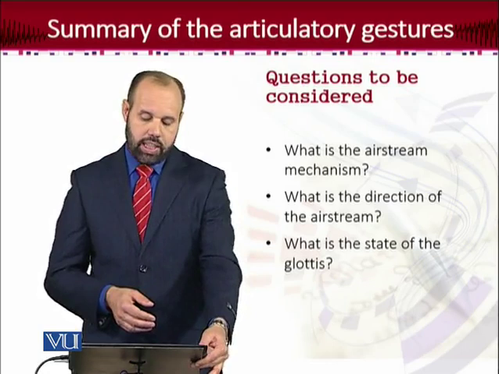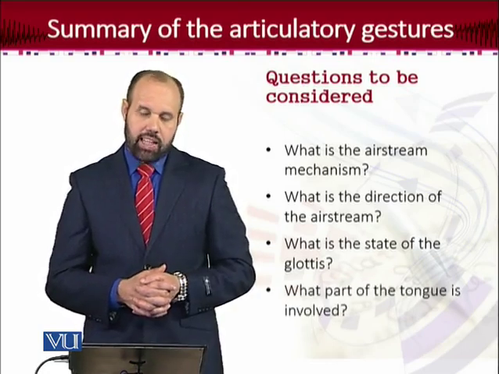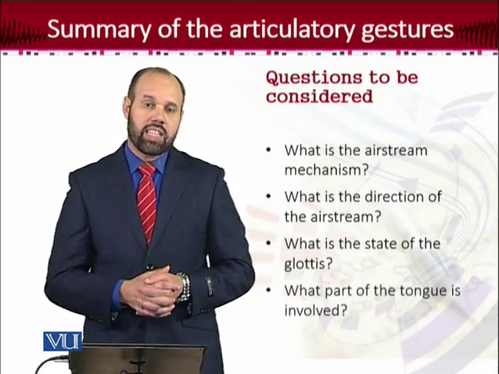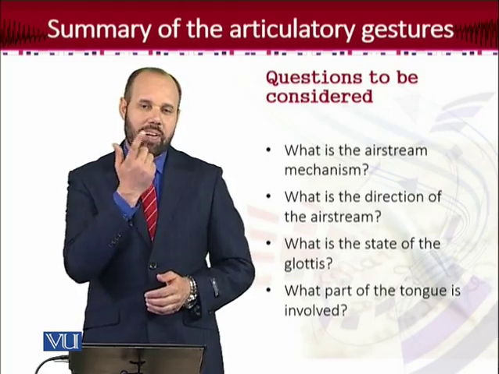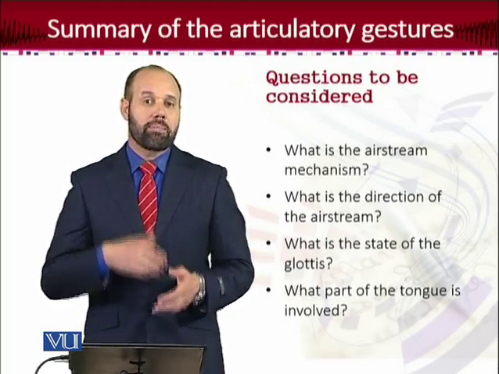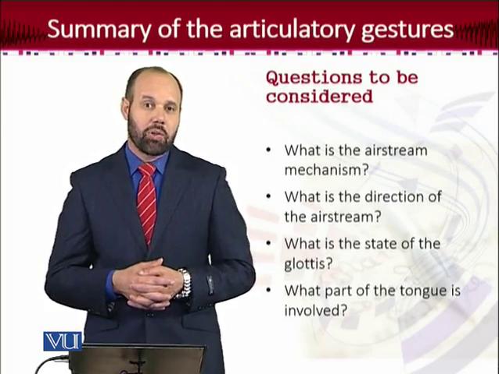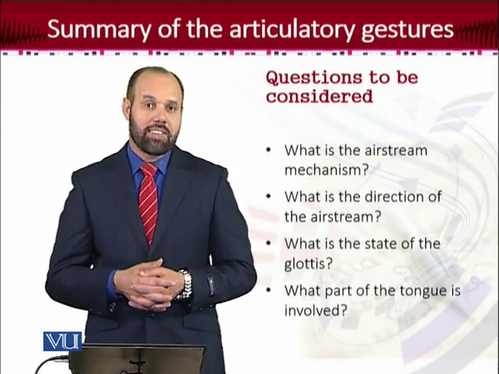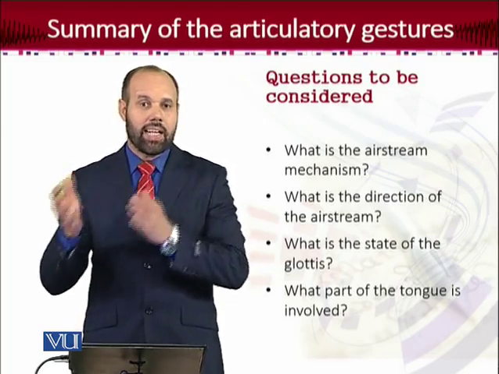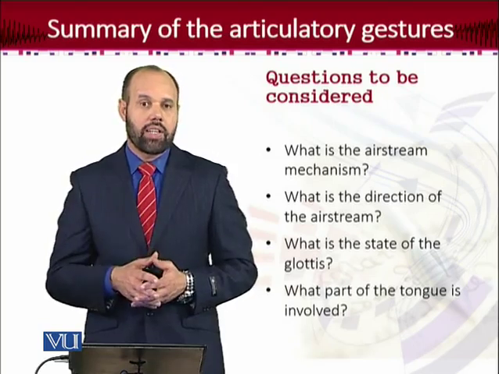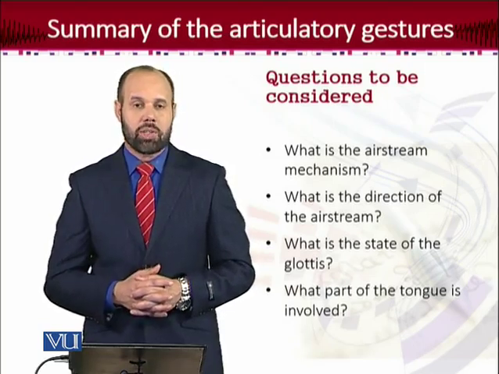The fourth question is, what part of the tongue is involved? Is it the tip of the tongue? If the blade of the tongue is used, then the sound would be called laminal. So that variation between apical and laminal is very typically used in the description of speech sounds.